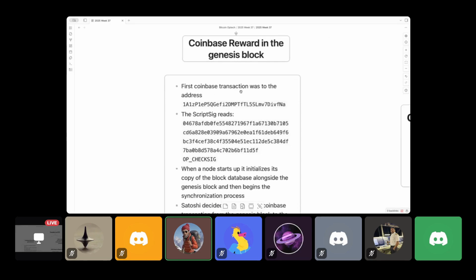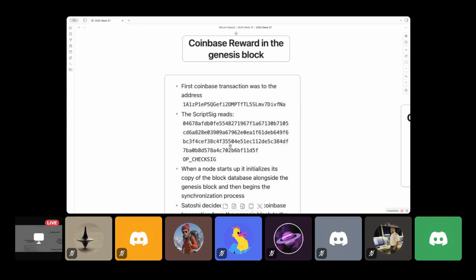So first we'll have a look at the Coinbase reward. The first ever Coinbase transaction that Satoshi mined was sent to this address. But if you take a close look at the address itself and what goes into the script sig, it looks very normal. You have an uncompressed public key, followed by OP_CHECKSIG.